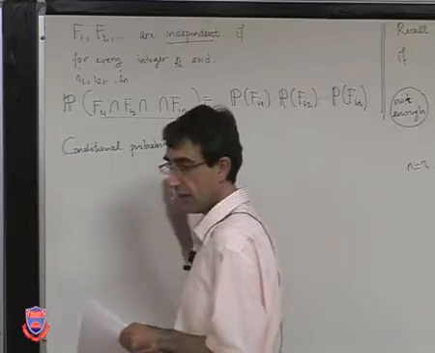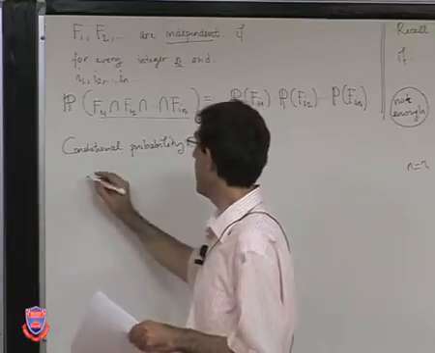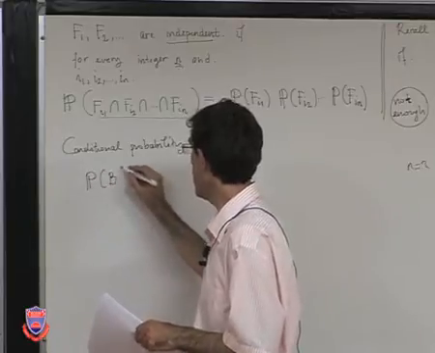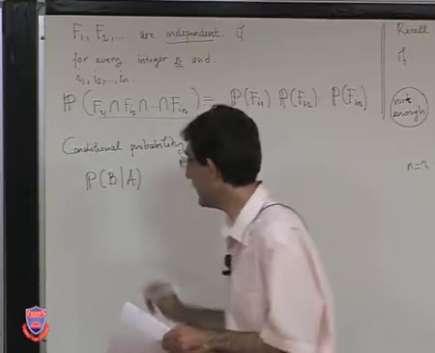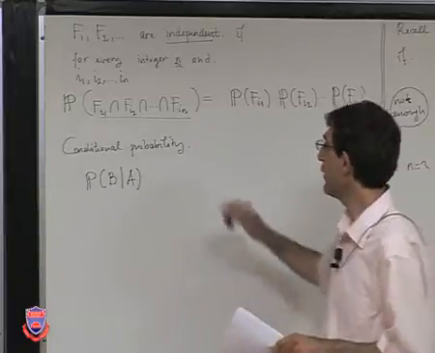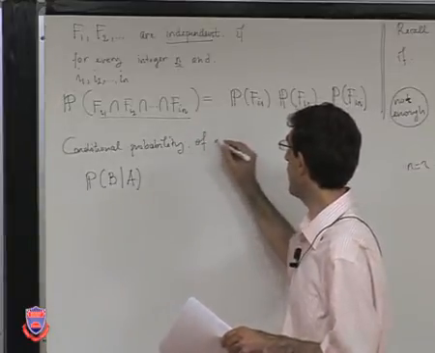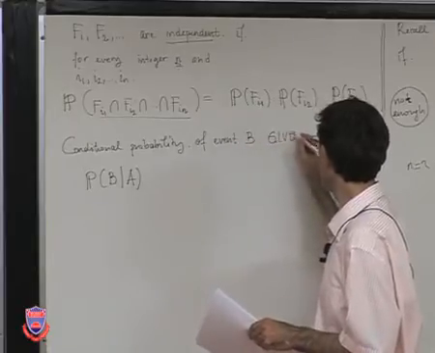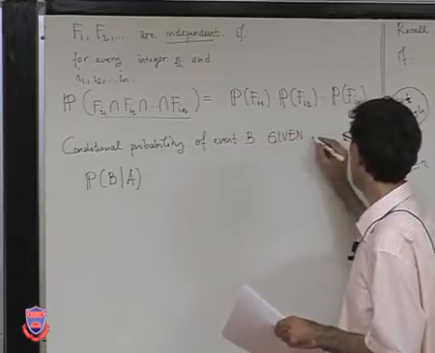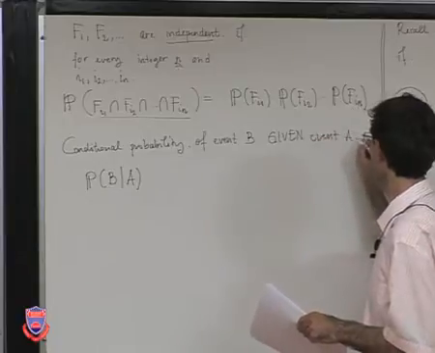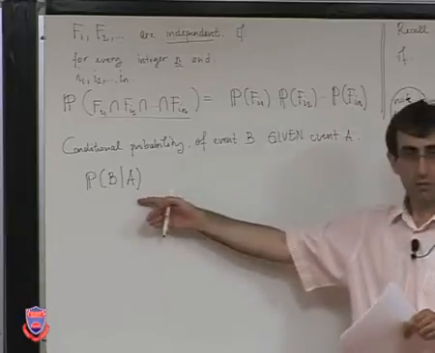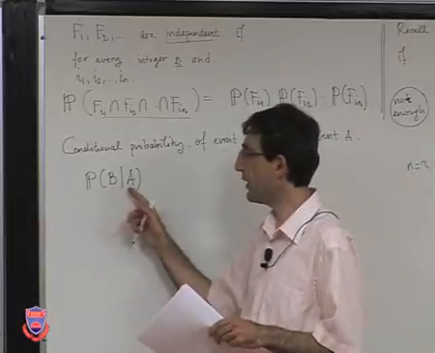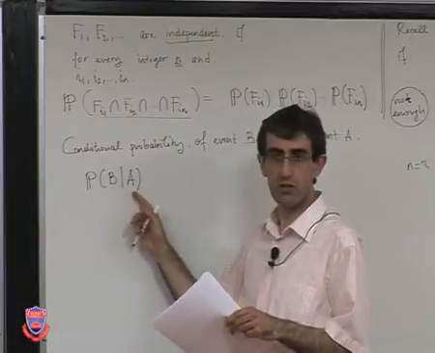This is, for example, the conditional probability of B given A. That's the notation: the conditional probability of event B given event A. We don't read it like the probability of B slash A; there is no such thing.